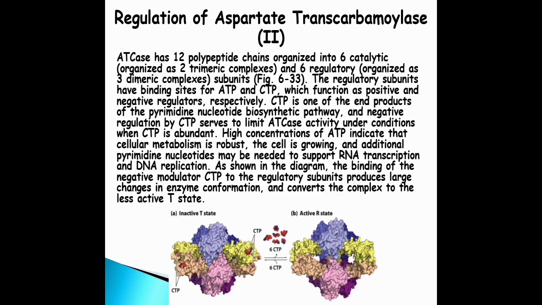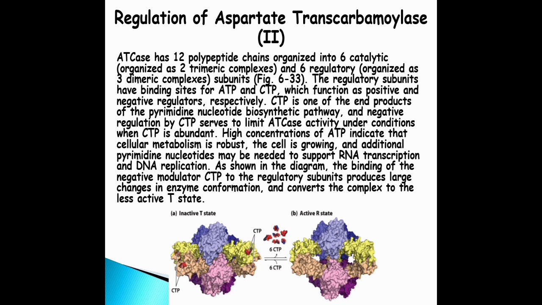Regulation of aspartate transcarbamoylase 2. ATCase has 12 polypeptide chains organized into 6 catalytic subunits, organized as 2 trimeric complexes, and 6 regulatory subunits, organized as 3 dimeric complexes. The regulatory subunits have binding sites for ATP and CTP, which function as positive and negative regulators, respectively.